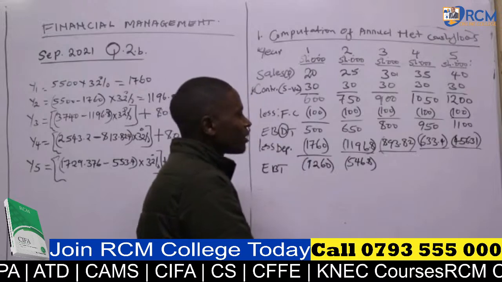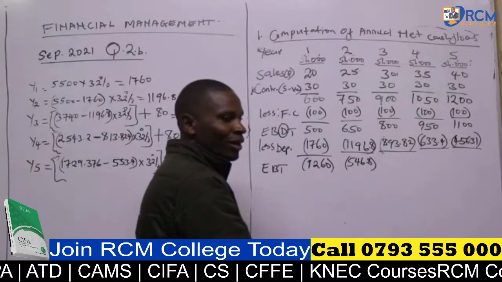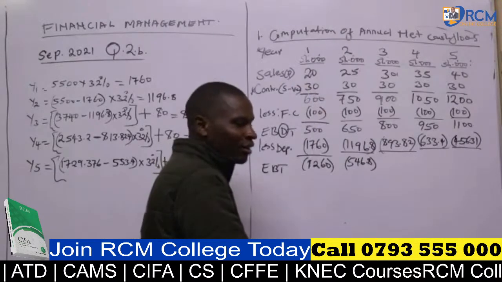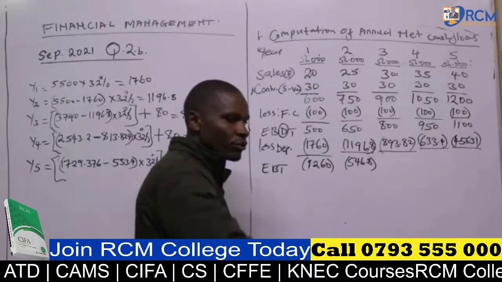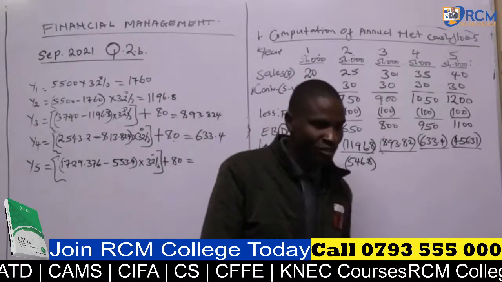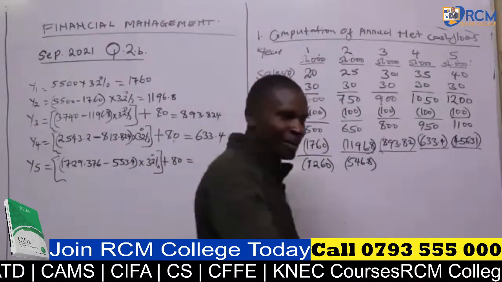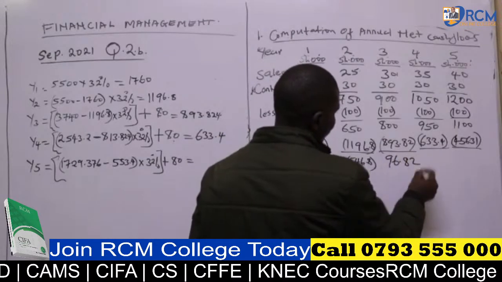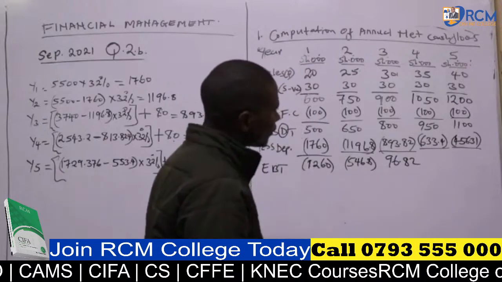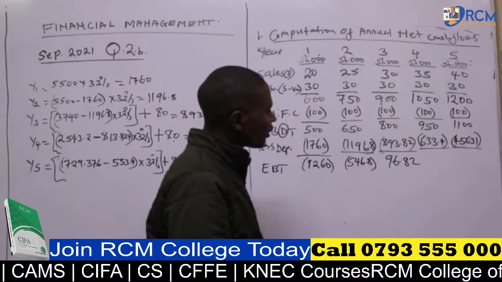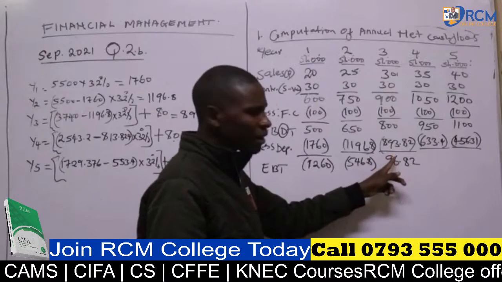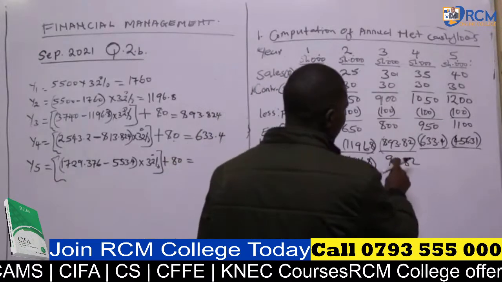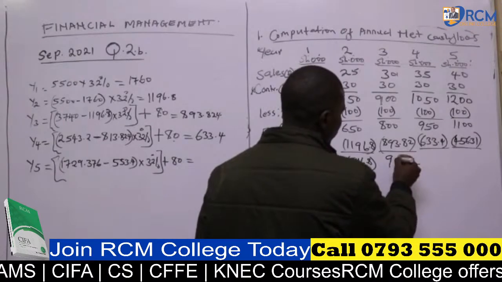This is where you train, because during the exam is when you realize you mess up somewhere. 96.82. 893. Will it really be that? Is it 96 or 93? 93, yeah? When we are many, at least we can argue it out, 93.